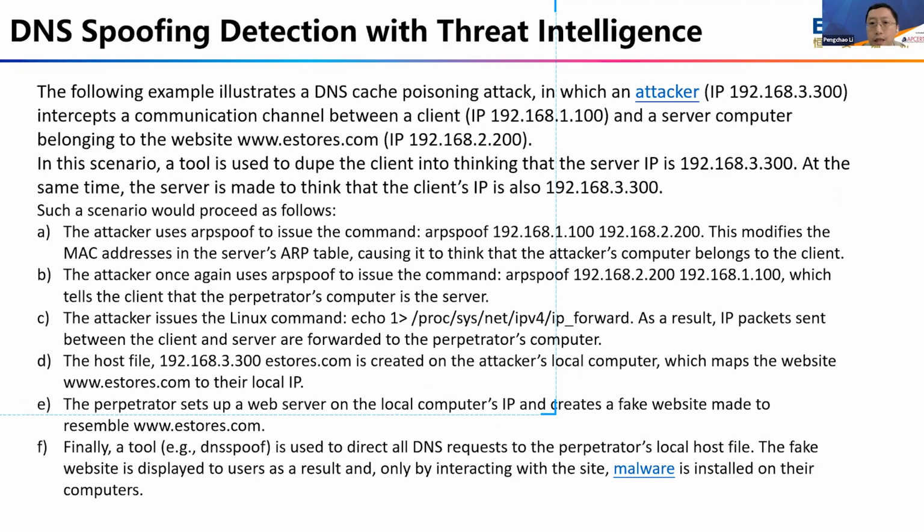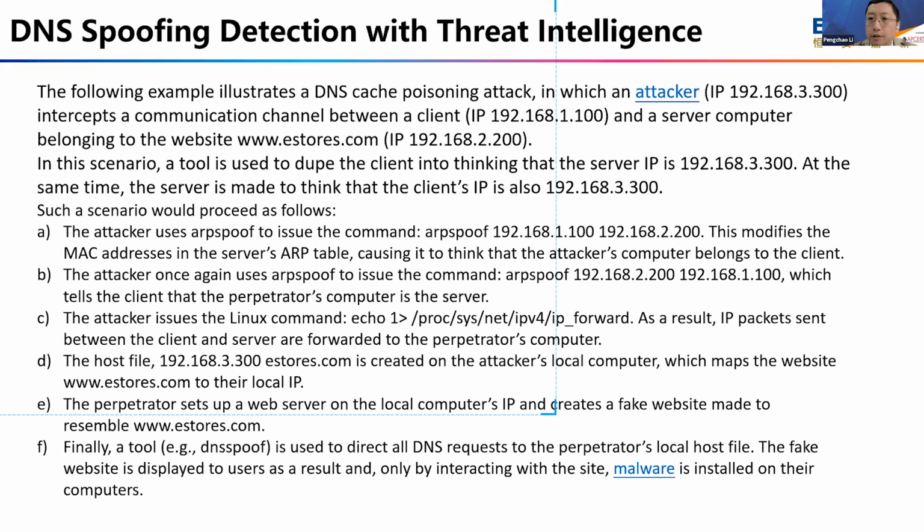Well, the following example demonstrates a DNS cache poisoning attack in which an attacker intercepts a communication channel between a client and a server computer belonging to the website www.esource.com.